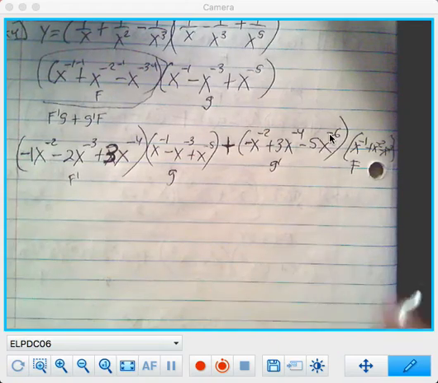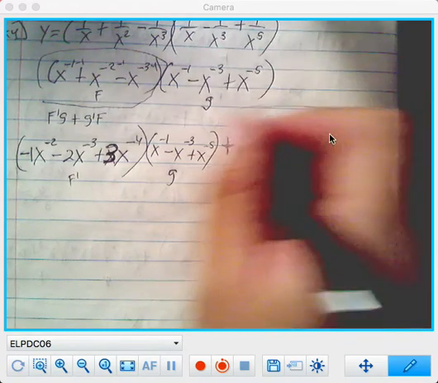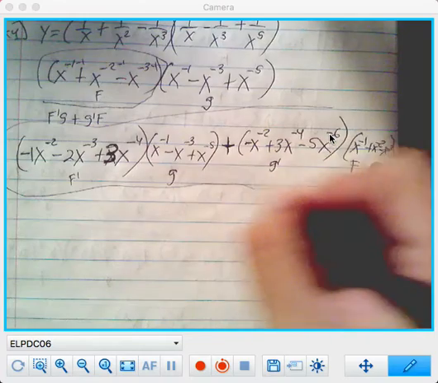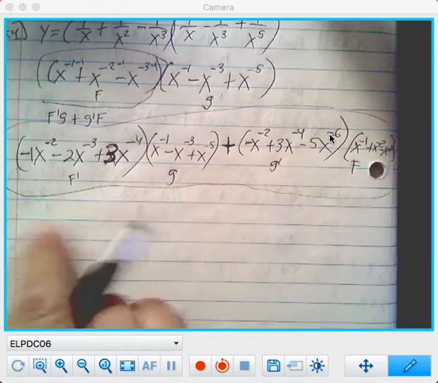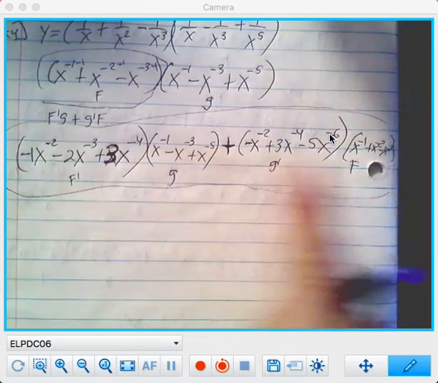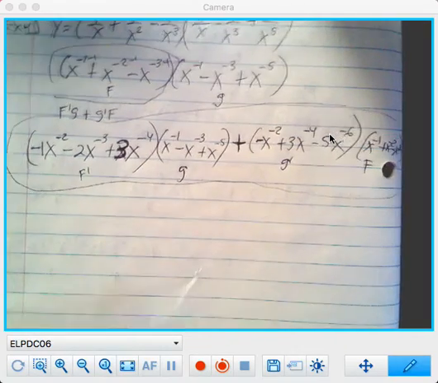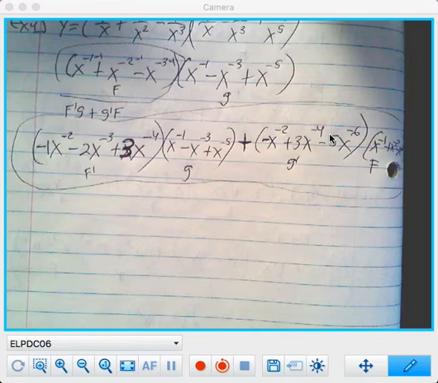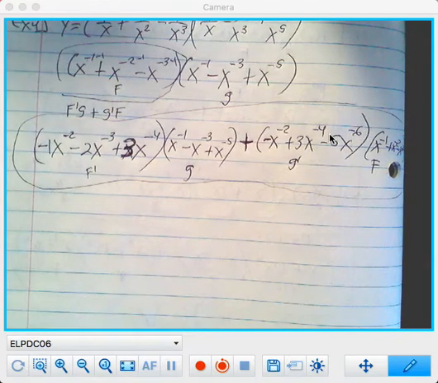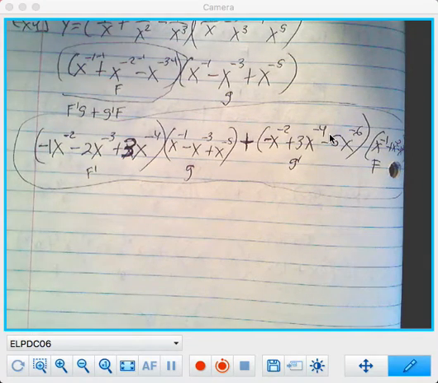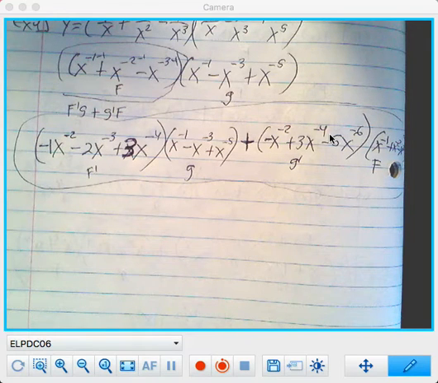Okay? And then we can just leave it like that. You're more than welcome to multiply this out just for fun if you want to. Do I want to do it? Not really. If you understand these examples, then we're good with the product rule.